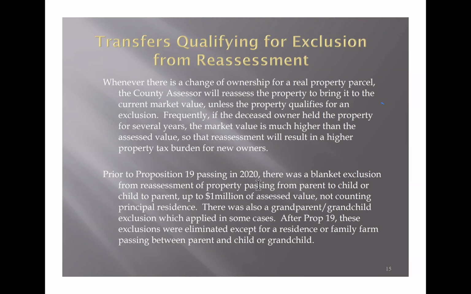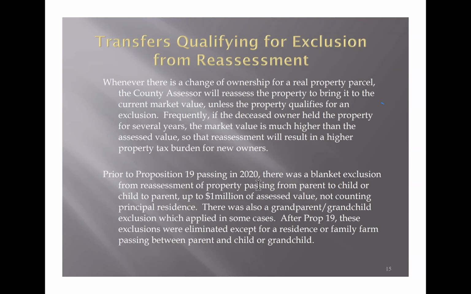Prior to Proposition 19 passing in 2020, there was a blanket exclusion from reassessment of property passing from parent to child or child to parent up to $1 million of assessed value, not even counting the principal residence. And then when the child had died, there was also a grandparent-grandchild exclusion, which applies, but only in some cases.